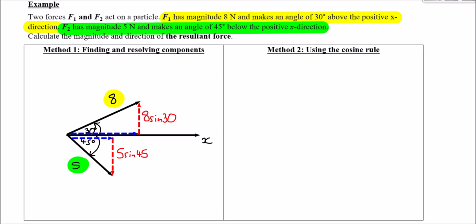So if this one here going opposite is sine, the one going along this direction, normally the direction of the force, is cos. So for the 8 newton force, the horizontal component will be 8 cos angle, 8 cos 30, whereas for the 45 degree angle and the 5 newton force, this one going along is going to be 5 cos 45.